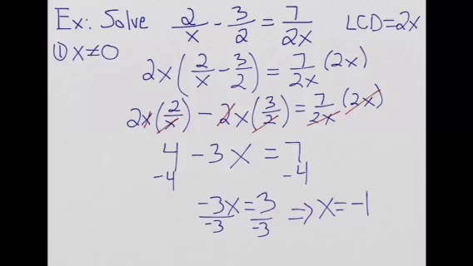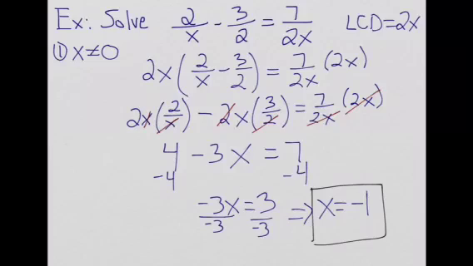If we plug in negative 1 for x in the first one, we get negative 1 on the bottom of a fraction. That's okay. We can't plug it into the second one because there's no x, so that's okay. And if I plug negative 1 into the last one, 2 times negative 1 is negative 2. It's not 0, so that's okay. So x equals negative 1 is my solution.